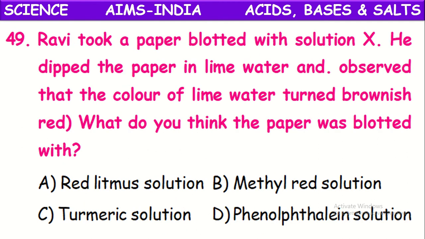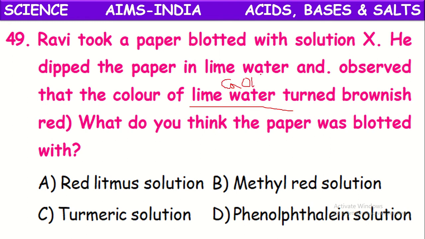Next, Ravi took a paper blotted with solution X. He dipped the paper in lime water and observed that the color of the lime water turned brownish red. What do you think the paper was blotted with? Lime water means calcium hydroxide solution.